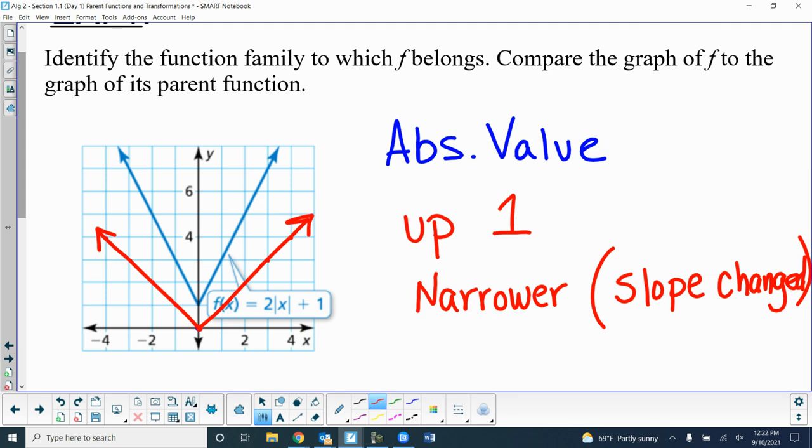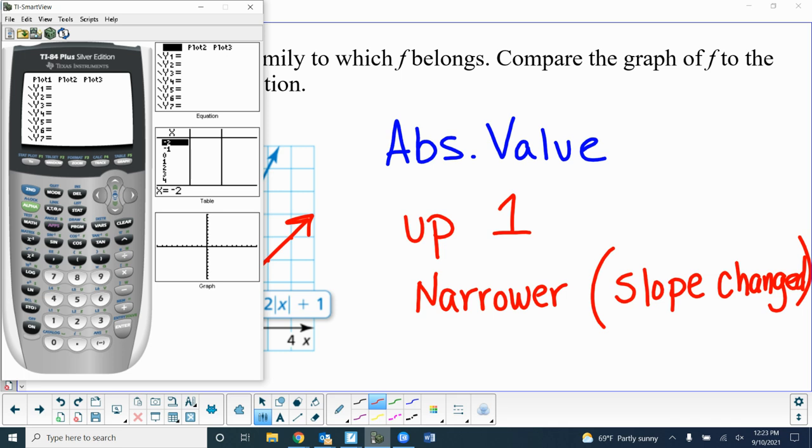I want to show you how to draw an absolute value graph on your calculator. All right? So, again, how do we always get to the graph part on our calculator? Y equals. Yeah, that's our y equals button, right? That's why we like to solve for y everything.